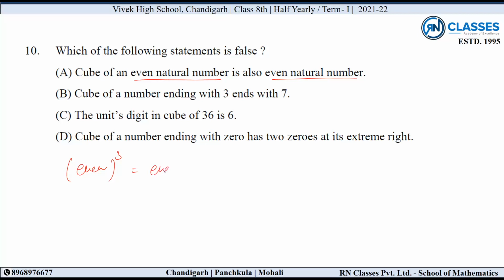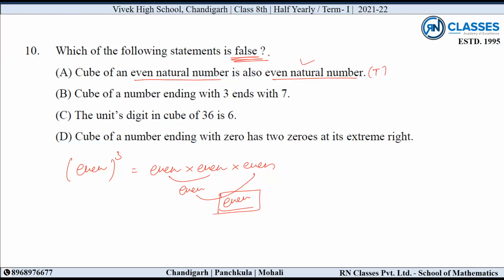Even into even into even, right? यही हुआ. Just an example. 2 का 2 into 2 4, 4 into 2 8. अगर 4 का ले लो, 4 into 4 16, 16 into 4 64. Even into even will always become even, right? So final answer would be even. So even natural numbers. So this is again true.